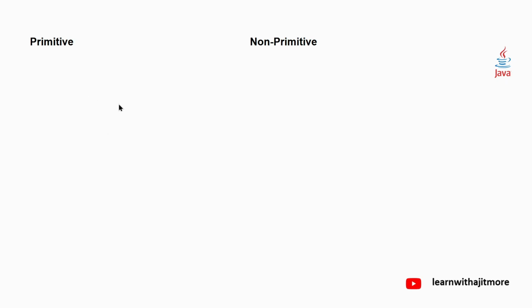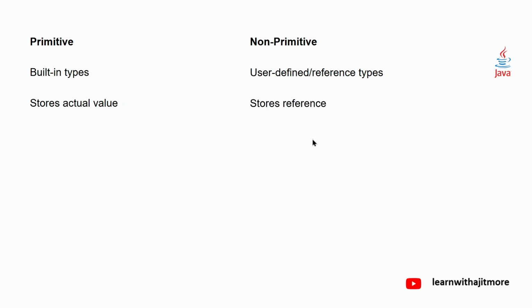Don't worry. Okay? So in case of primitive, you can call them built-in. Non-primitive, you can call it a ref type. Can you call them user-defined or reference type? Yes. Then primitive stores the actual value directly. Here they store a reference.